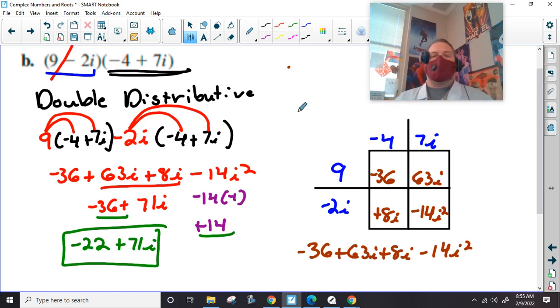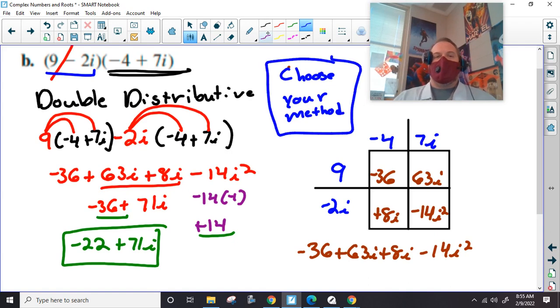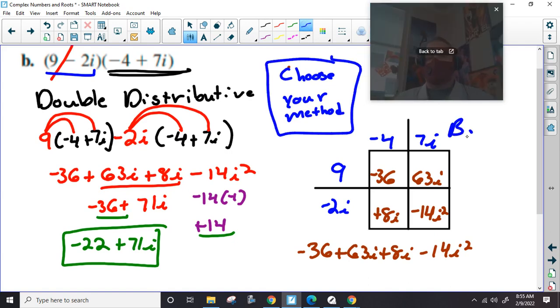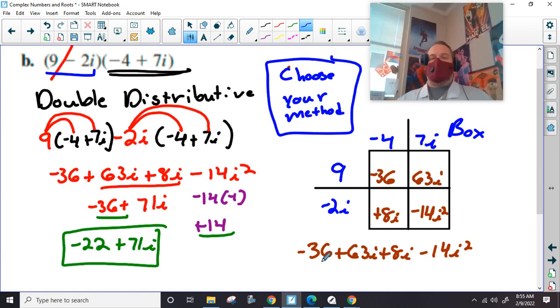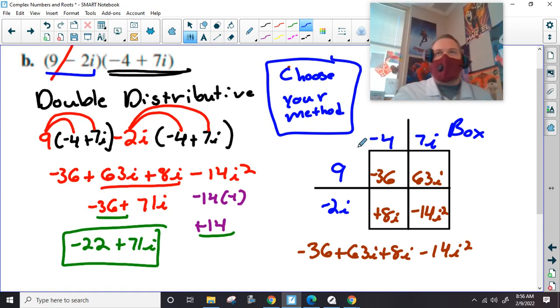You get to choose your method. This is the box. Step 1, you got to draw the box. Step 2, put the numbers outside the box. Step 3, multiply inside the box. So there you go.